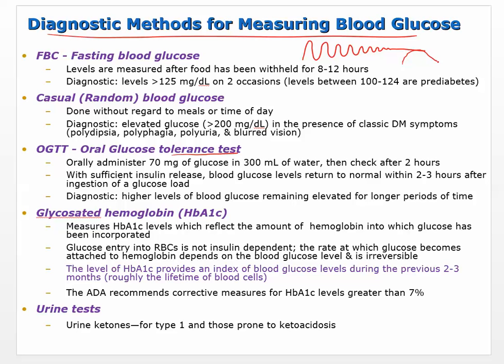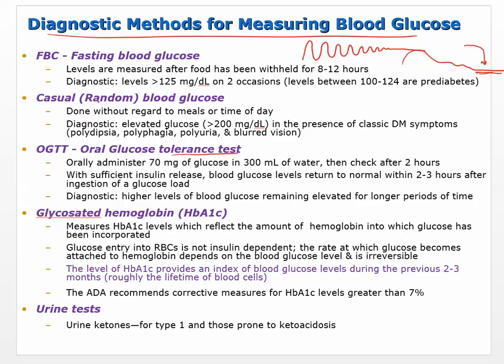Glucose increases, and then at some point it will level off if you don't eat anything. Usually after fasting for 8 to 12 hours, it levels off into a pretty constant level, and that's what you're looking at with the fasting glucose.